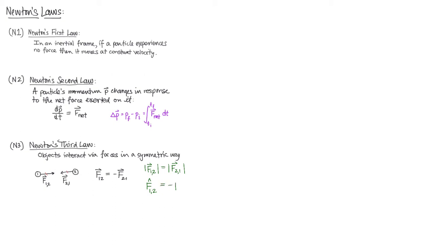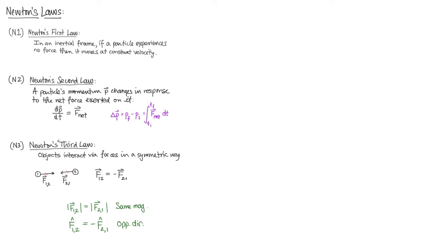It's equal to minus F21 hat. So these two forces have the same magnitude, and they have opposite direction. Let me just write this down: same magnitude, opposite direction. And where are we going next?